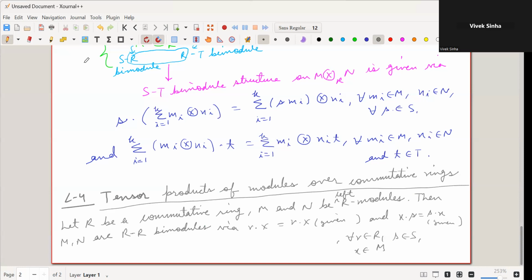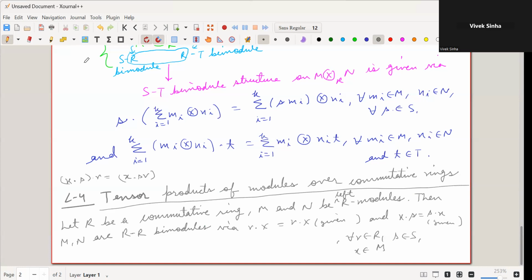What will happen? For a right module, you need (x·s)·r to be x·(sr). So you need commutativity to ensure this property.